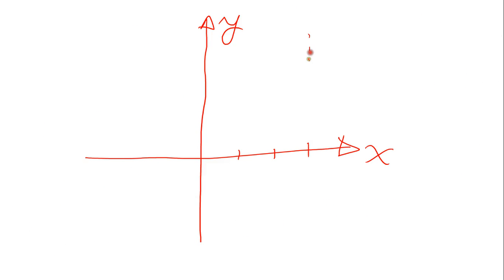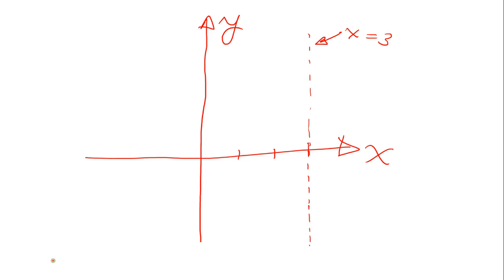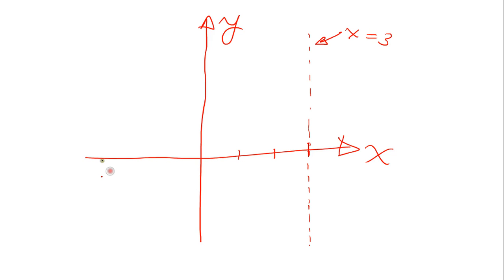We'll do a dashed line here for our vertical asymptote. This is x equals 3. And we'll do a horizontal asymptote at y equals 0, which you can't really see, but I'll do it in another color. I guess I'll do it in black.